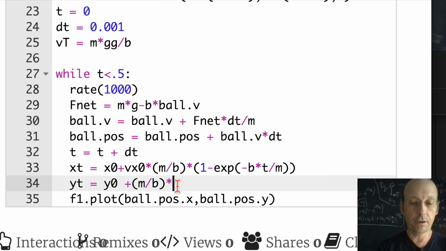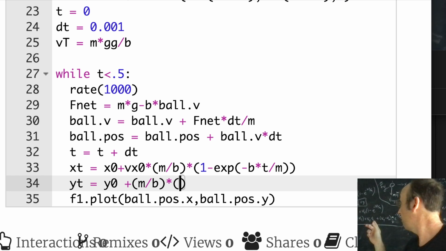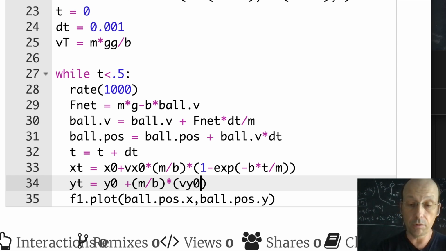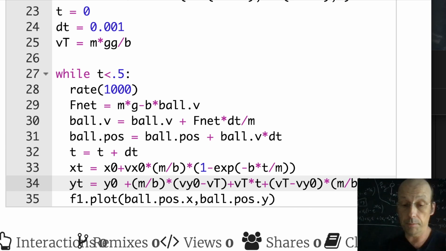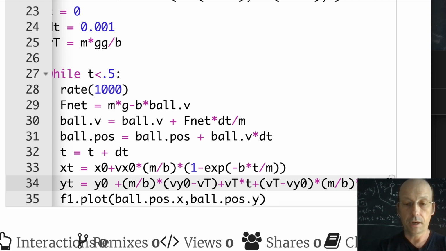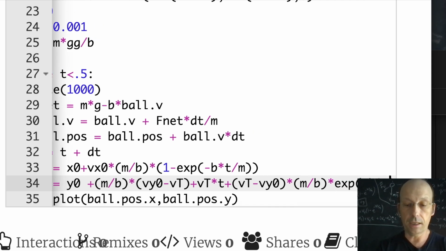Okay, so down here. It's vy0 minus vt, capital T, case matters, plus vt times t plus vt minus vy0, times m over b times e to the negative b times t over m.